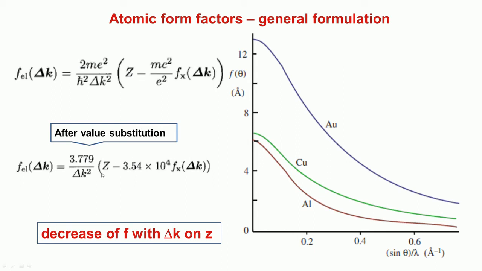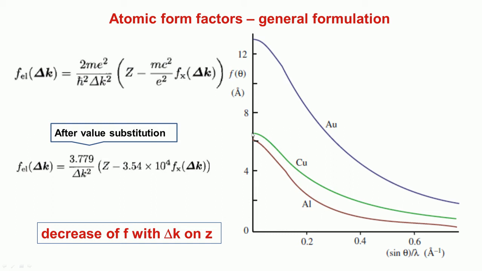Now, Z is the charge, this has been calculated, and this is for f of theta, how it is going to vary as a function of sin theta by lambda. It is plotted. Here again we can see that as we go away, there is a reduction in the atomic scattering factor. Maximum is in the forward direction. But you should remember that these values no longer correspond to the atomic number, but have a maximum value.